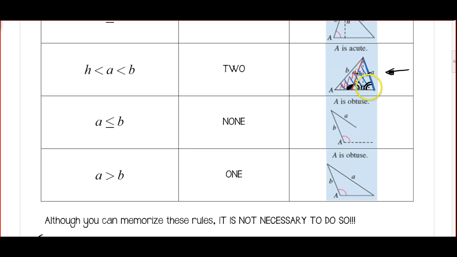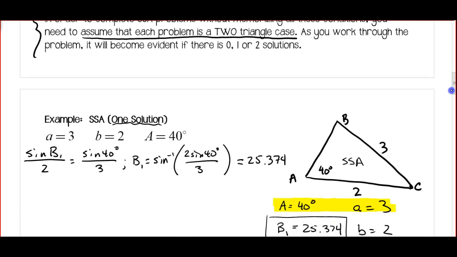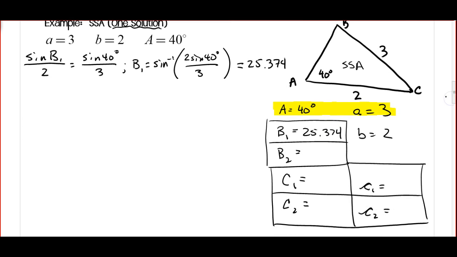And I already mentioned that this angle B1 in the first triangle is supplementary to this angle B2 in the other triangle. So once I find the first angle, I can find the matching angle in the second triangle, B2, because they're supplementary.